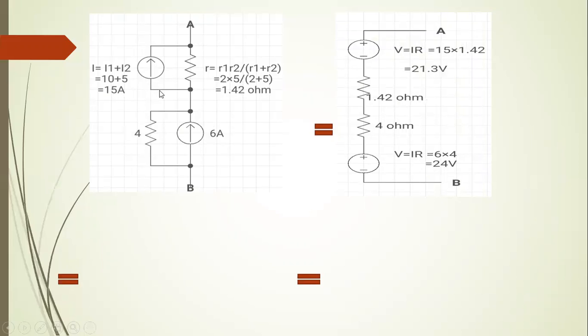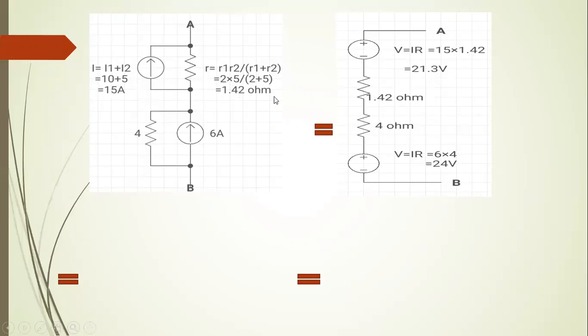Now the 15 amp current source and a 6 amp current source are both connected in series. So we will transform the upper part and the lower part into voltage sources. We know the formula V is equal to IR. I here is 15 and R is 1.42, so 15 into 1.42 is 21.3 volts.